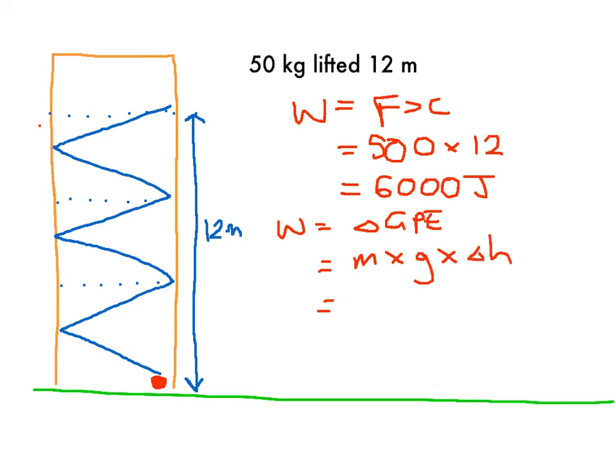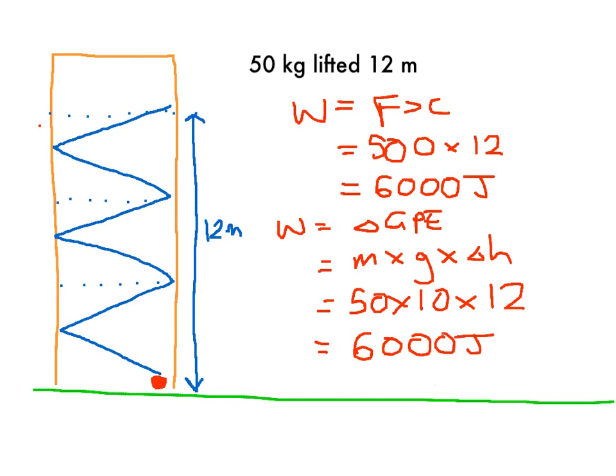So the gravitational potential energy they gain is 50 times 10 times the change in height, 12. Of course, because work and energy are both scalars, it's irrelevant whether we define gravity as positive or negative 10. And so you can see again, no great surprise, that's 6,000 joules, or 6 kilojoules, of gravitational potential energy gained by those boxes.